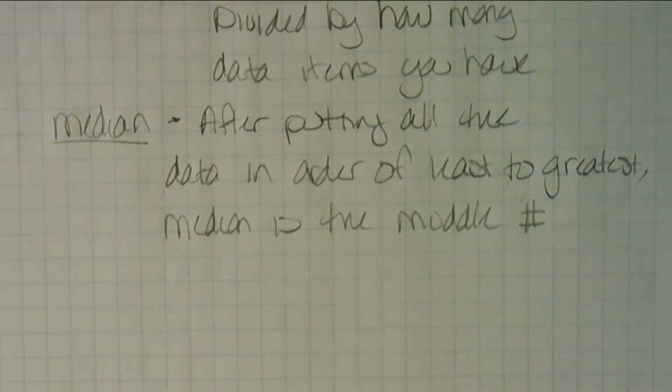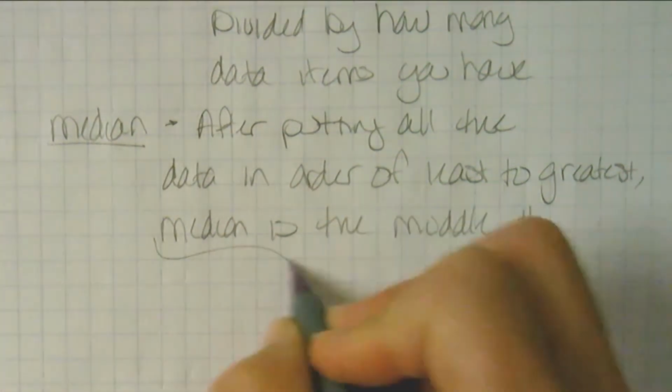Because if it's an even amount of data, then you take two middle numbers. Yeah, so in the end it will end up being one number, but the problem is when we have two middle numbers. So we've got to remember that. It's going to be the middle number, but let's make sure that we understand what that means.